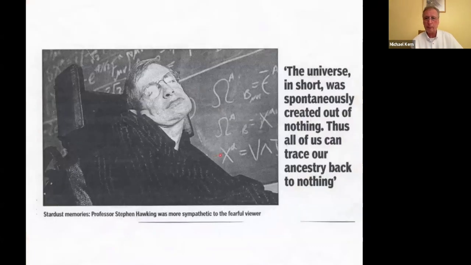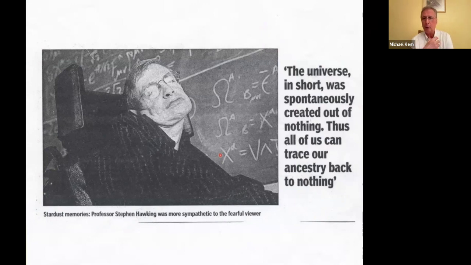In fact, one of the great physicists of our time was Professor Stephen Hawking. And this was one of the kind of key elements in his seminal work. And he said, the universe, in short, was spontaneously created out of nothing.